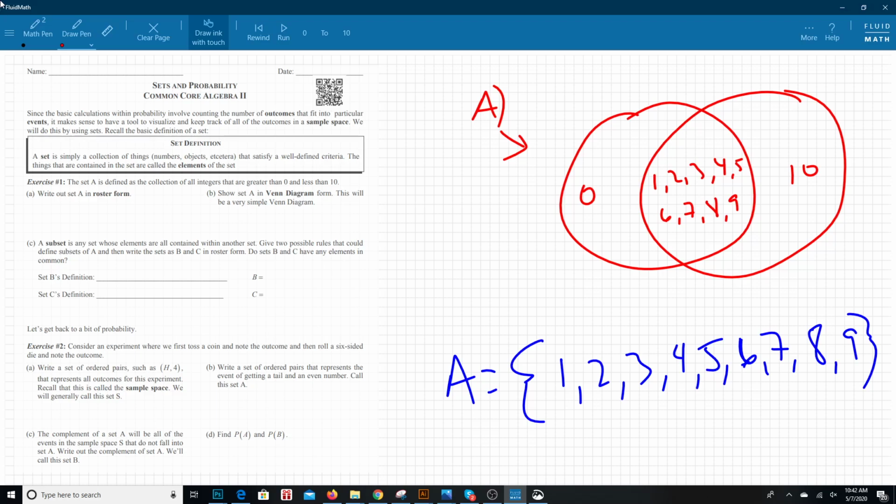So C says a subset is any set whose elements are all contained within another set. Given two possible rules that could define subsets of A. Or I think you could have also, just for the subset for A Venn diagram, you could have just done this by itself, 1, 2, 3, 4, 5, 6.